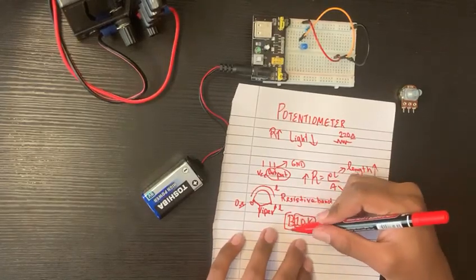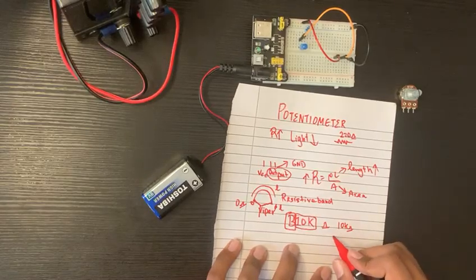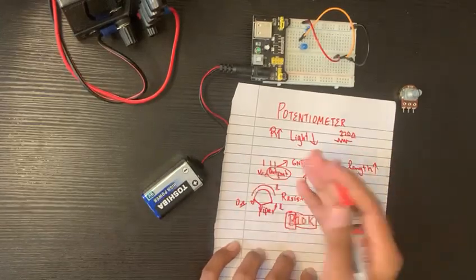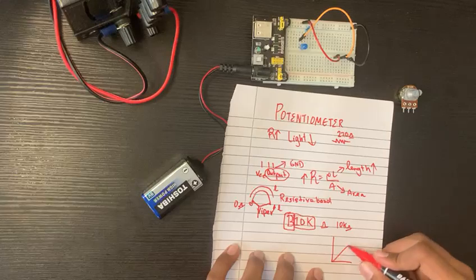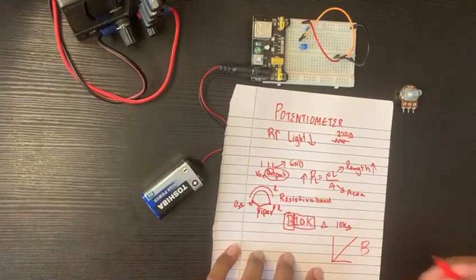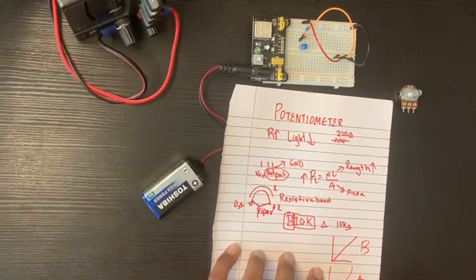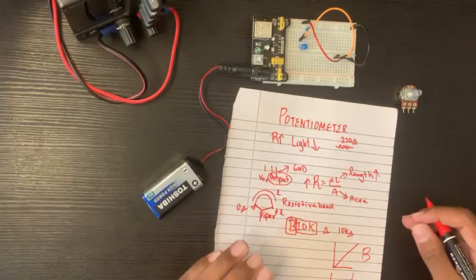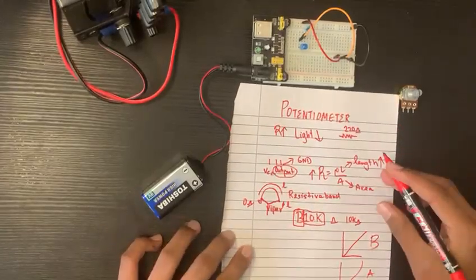And the letter is the way the resistance progresses based on the position of the wiper. So if it's linear, it's going to be like this, and that's what we call B. And if it's like this, it's going to be A, and if it's like this, it's going to be C or something. So that really doesn't matter. We only focus on the max resistance in our case.